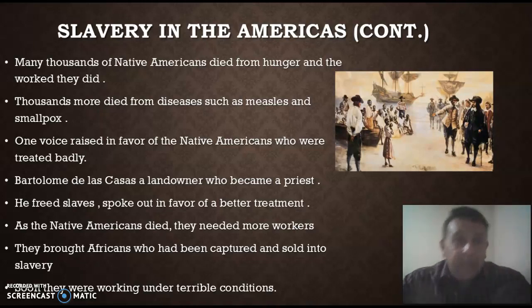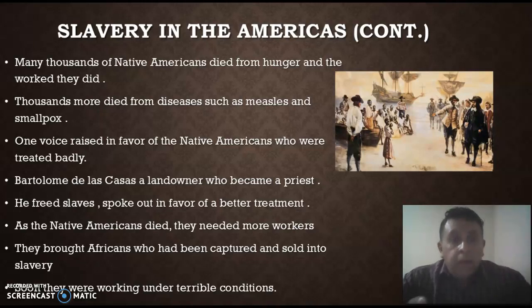Because in reality, the landowners did not want to let these free workers get away, so they didn't pay attention. But at least it was a nice try from Bartolome de las Casas, who spoke in favor of better treatment for the enslaved Native Americans.